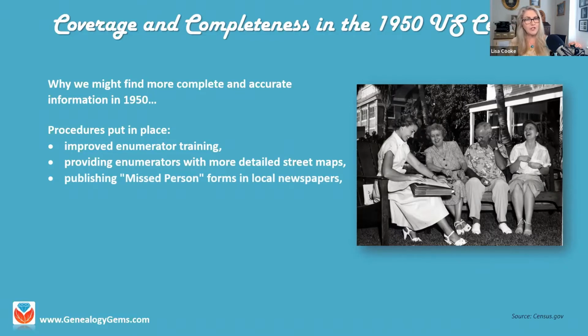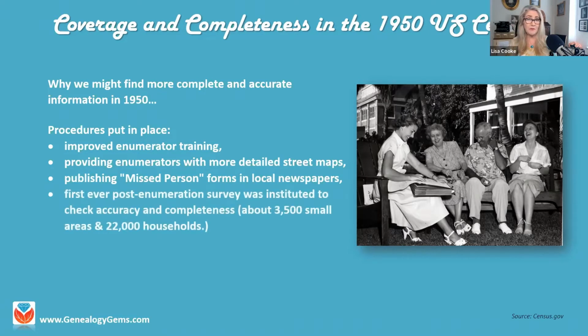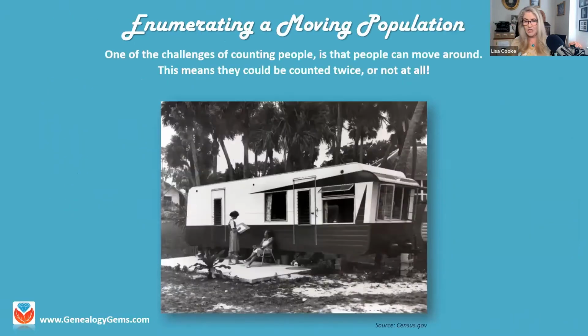So if by chance somebody said, well, I never had a census taker at my house, if they didn't find you, if they didn't get in touch with you, they printed forms so people could actually fill them out and turn them in themselves. And also the first ever post-enumeration survey. So they went back out and did a re-survey of a very small number of households, kind of just as a representative sample. So again, making strides to be far more accurate.